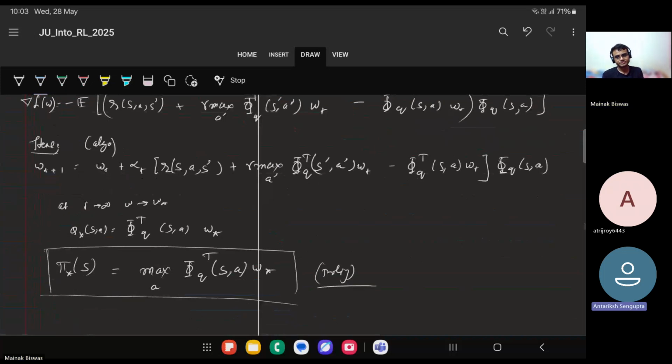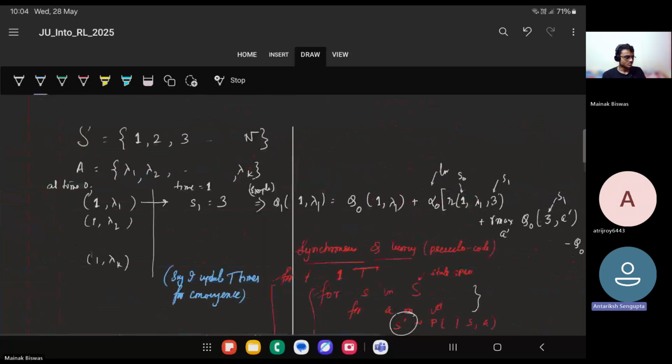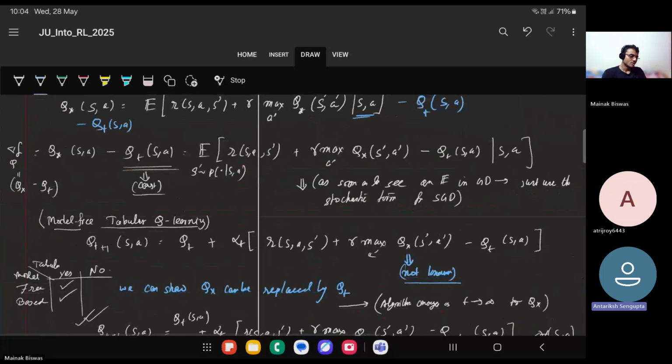So we had made that table initially in the class: model-based or model-free, and tabular or non-tabular. We have done tabular, model-based and model-free, and we also did non-tabular as well. Model-based and non-tabular, it doesn't make any sense to do, because even if you have model-based and tabular, you can just write down the same equations at the end of the day.